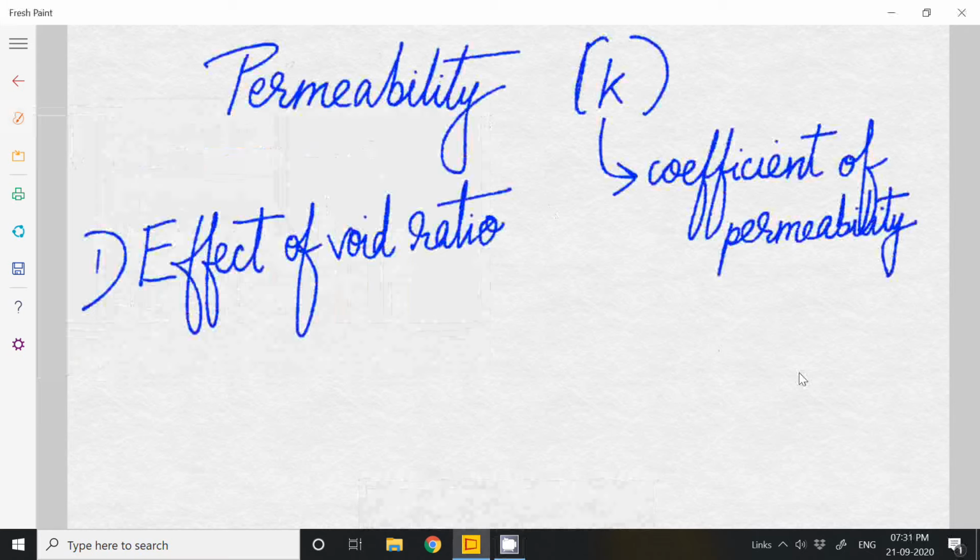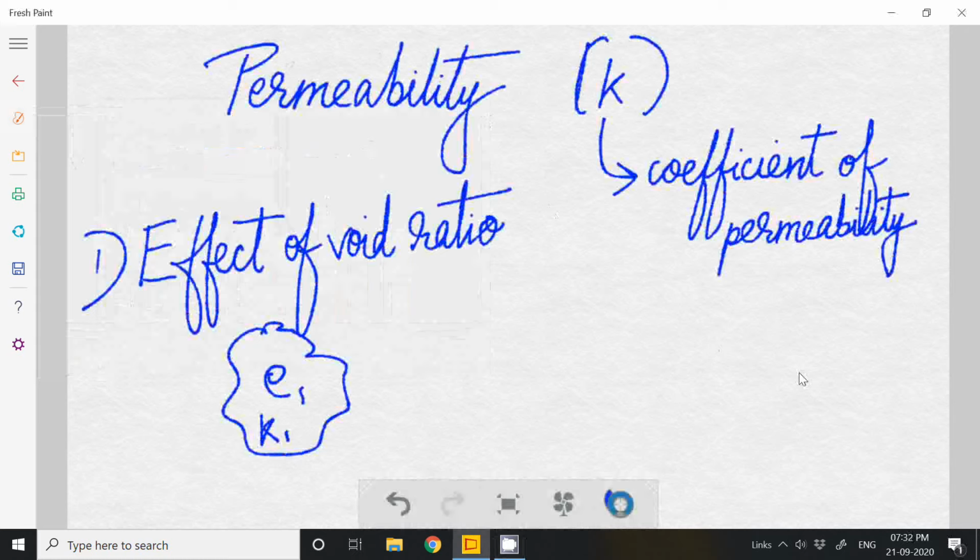Now, assume that you have a soil with void ratio E1 and a permeability of K1.